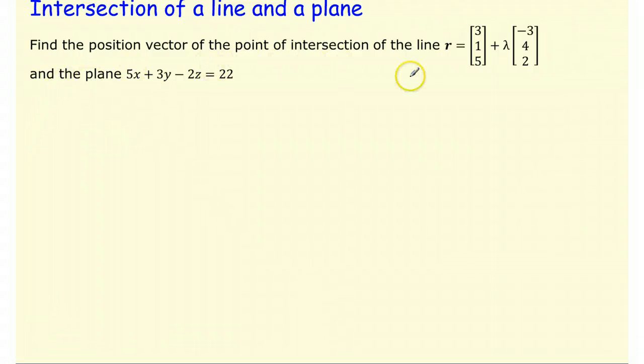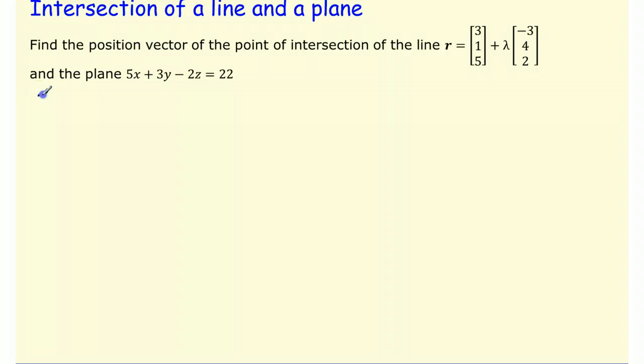Okay, so what I'm going to start off by doing is writing this. This is our general point R, that's equal to our position vector plus lambda times our direction vector. I'm going to write this as a single vector here, and I'm going to write this in terms of x, y and z.